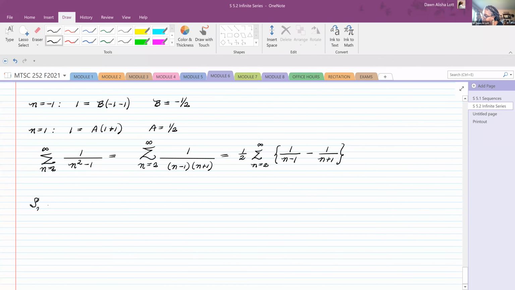S_n is 1/2. The first term is going to be 1 minus 1/3. The second term is going to be, when we put in 3, 1/2 minus 1/4.